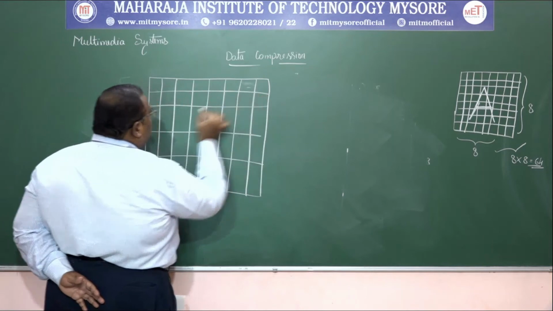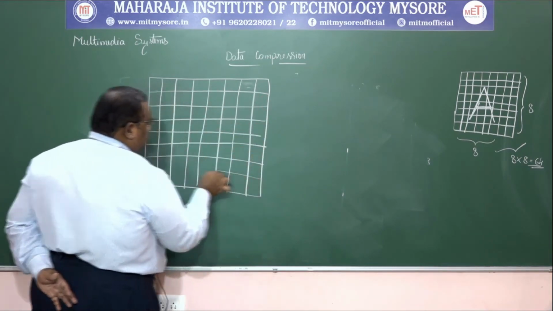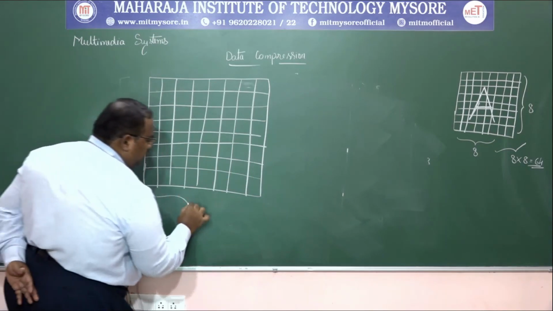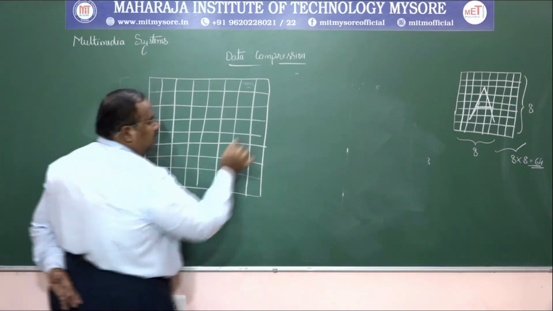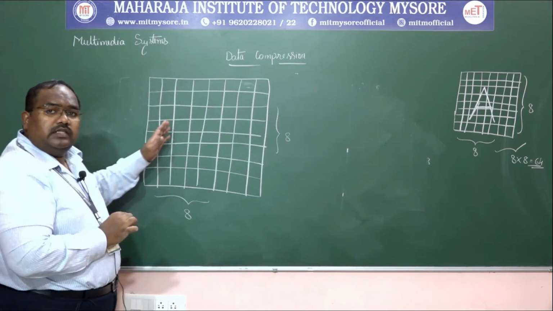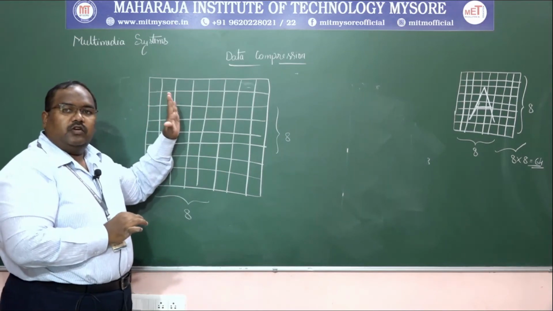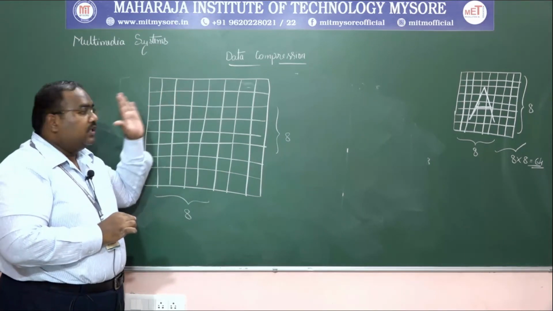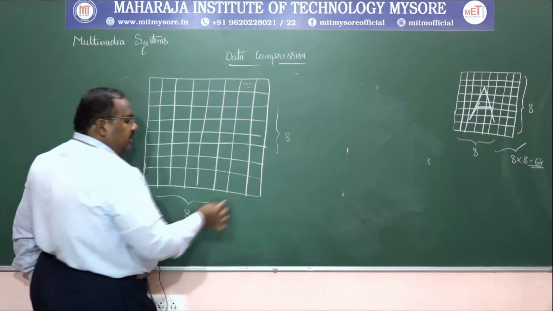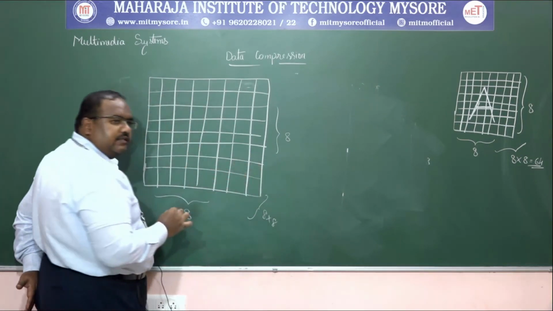I need to have 8 columns, so here we have 8 and here we have 8. Now the matrix would look like this. If you represent those values in the matrix, it would be like this. So this is an 8 cross 8 matrix.